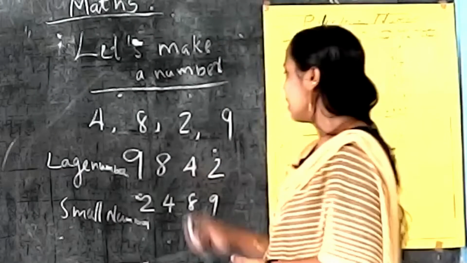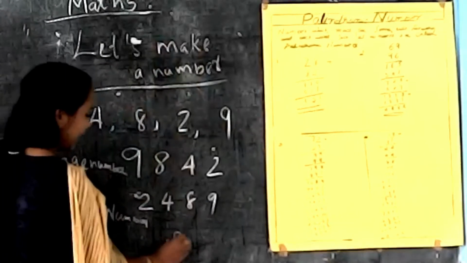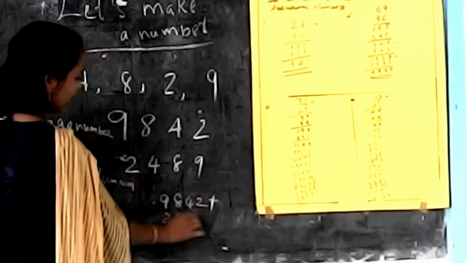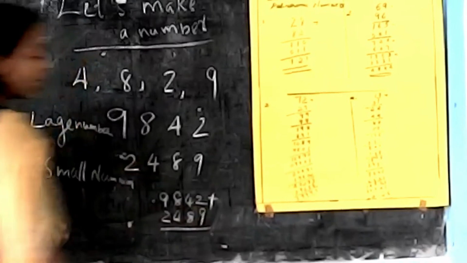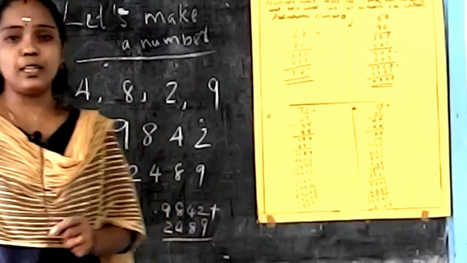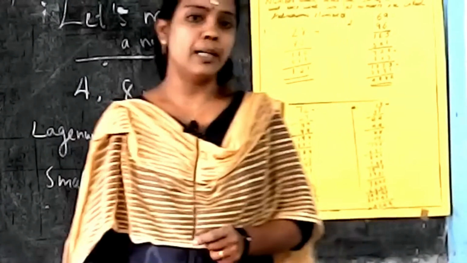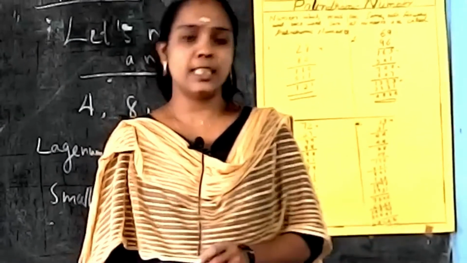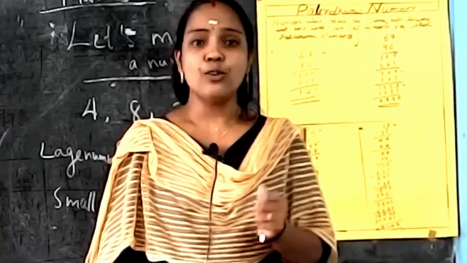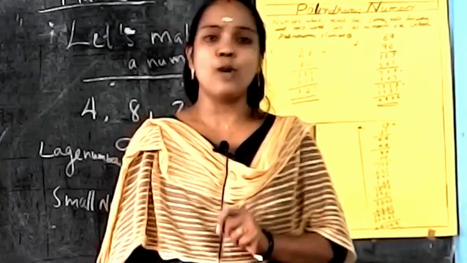First one, find the sum of those numbers. What is the answer? 9, 8, 4, 2 plus 2, 4, 8, 9. Okay. Next we want to see how to find the difference. When you subtract two numbers, always write the largest number first. From the largest number, subtract the smallest number.